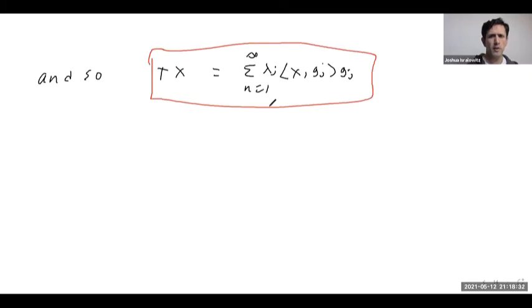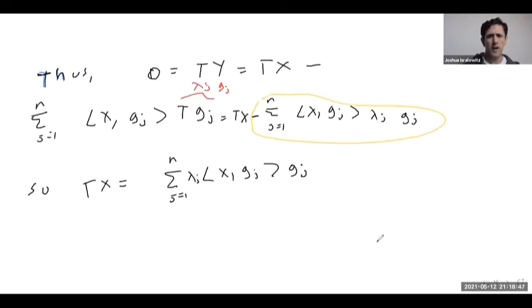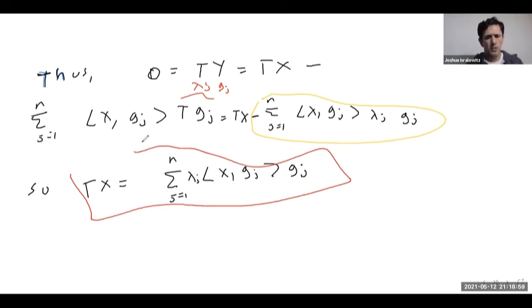We've basically diagonalized T, which is really the main difficulty in the proof. So in case 1, we've shown that T is diagonal with respect to this orthonormal set.